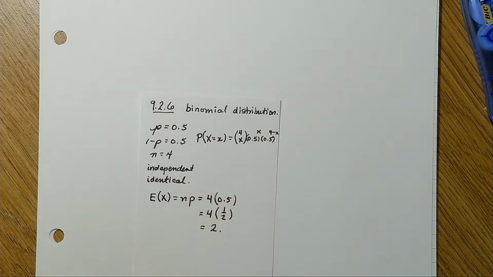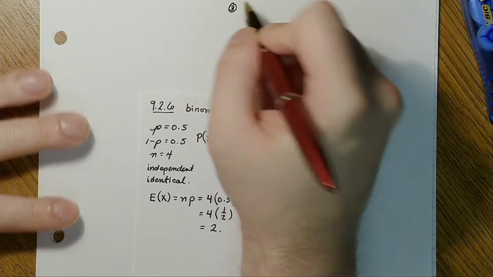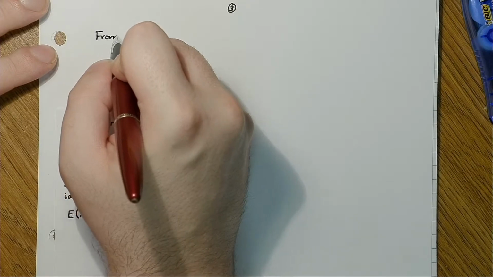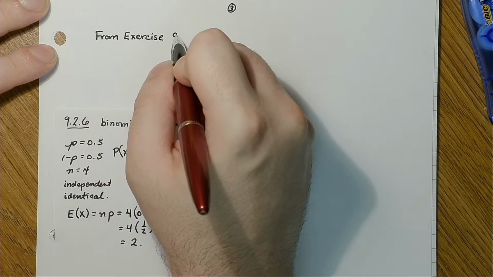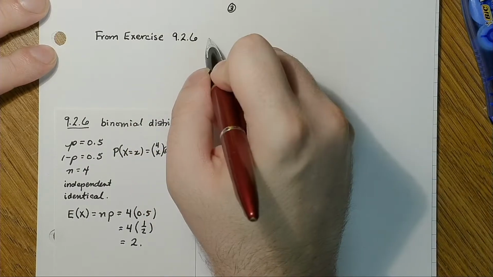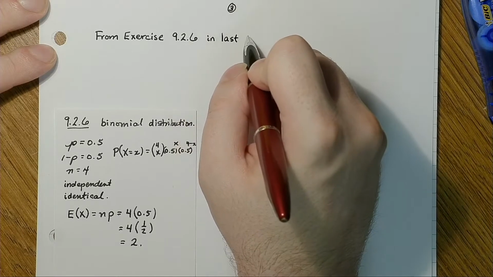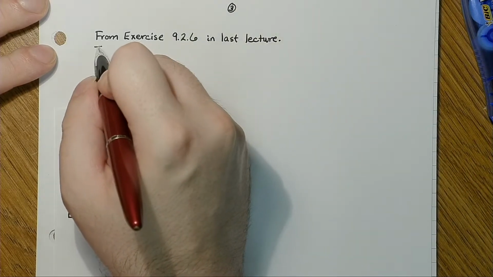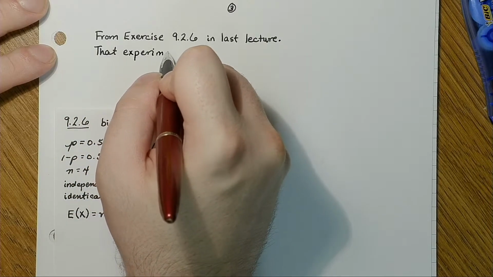So I'll just copy this back down onto the card here. Here's page 3. So we had done that experiment, which was a binomial distribution.